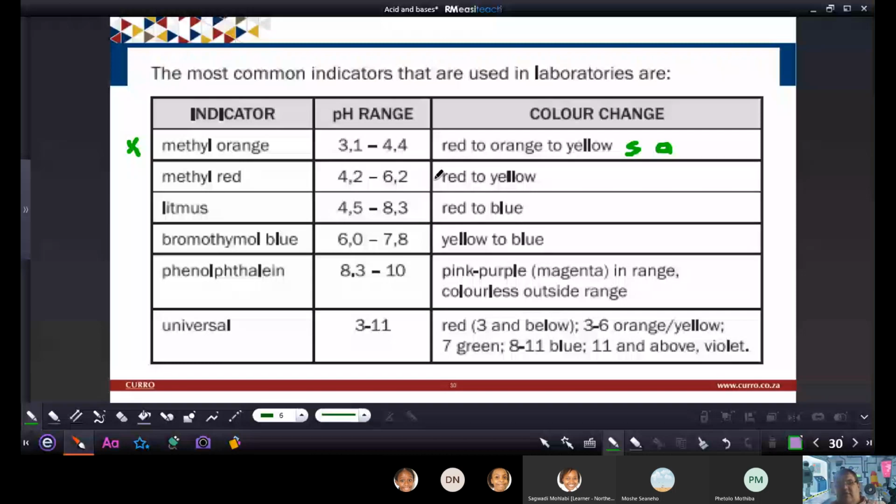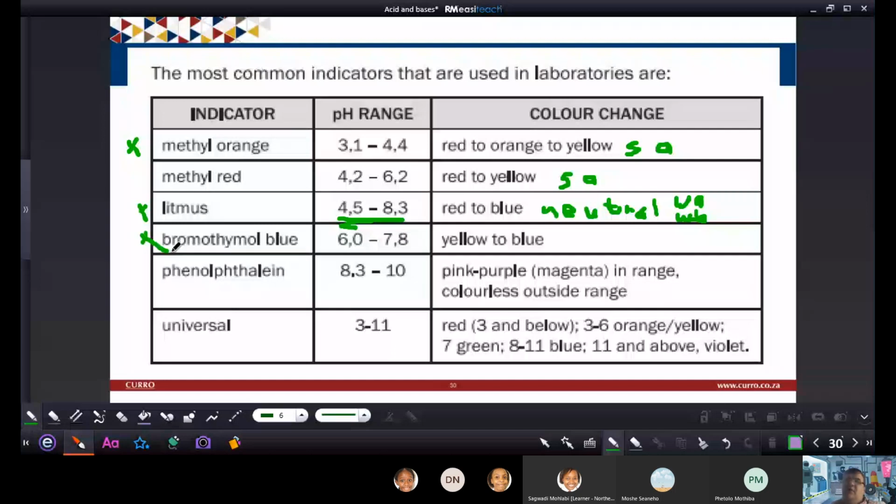Litmus is most of the time for a neutral acid. Okay, why? Because it will work nicely with a neutral acid. Right? Or we can also use it if it's a weak acid, or we can also use it if it's a weak base, because the pH range is close to 7. The same with bromophenol blue. Okay, exactly the same.